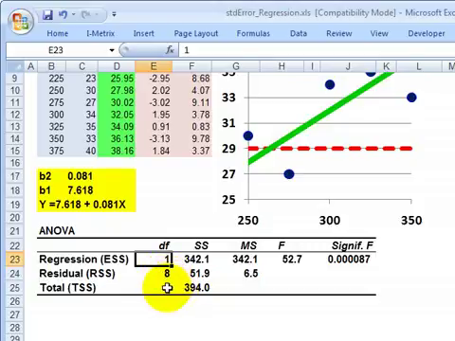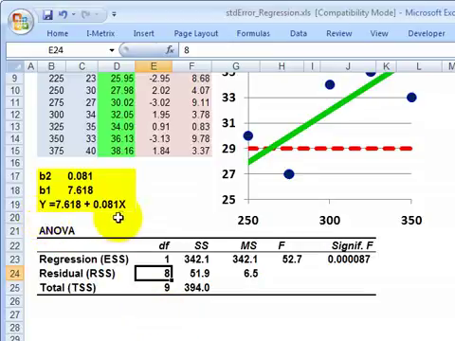It's easier to start with the total. We have 10 observations in our data set, so the degrees of freedom for the total is going to be n-1 or 9. For the residual, the degrees of freedom is going to be n minus the number of variables in our regression. This is a two-variable regression.